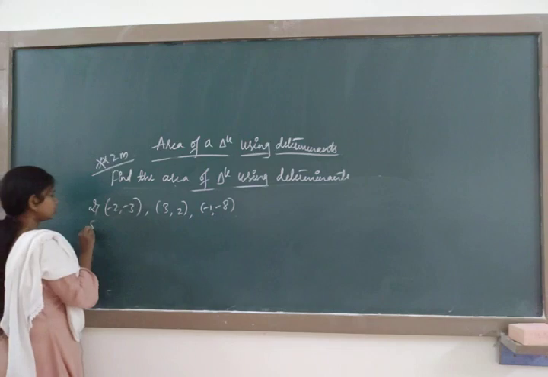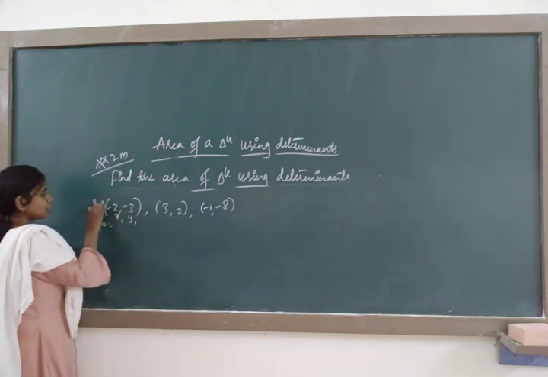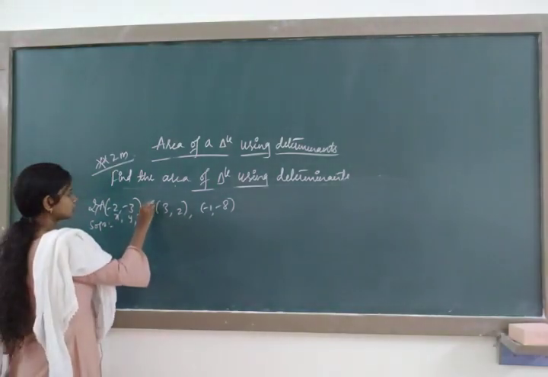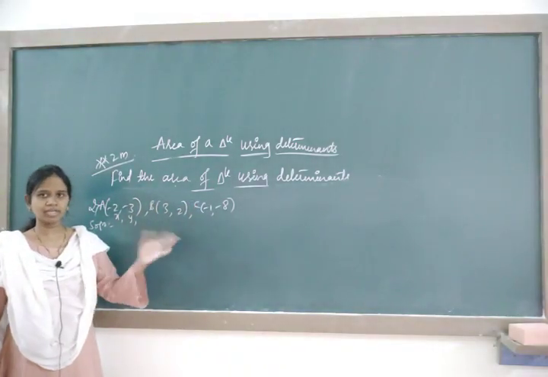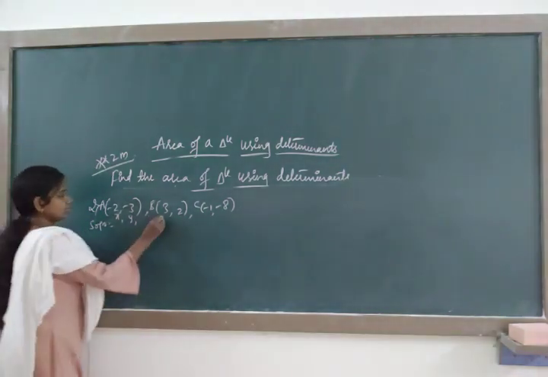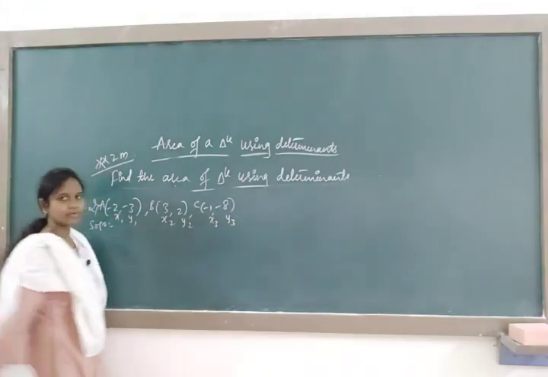Now denote this one as x1, y1. If you want, you can give the name ABC also, because a triangle will have a name. For the previous problem I have not given. Then x2, y2 and x3, y3.